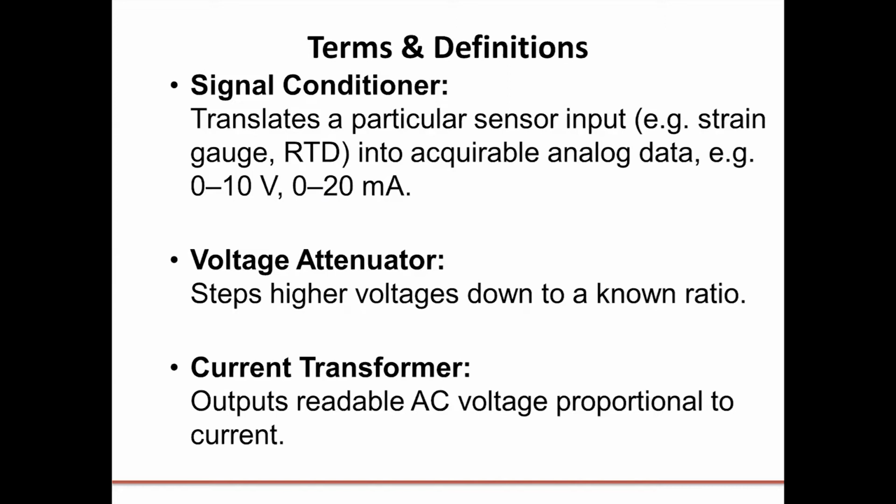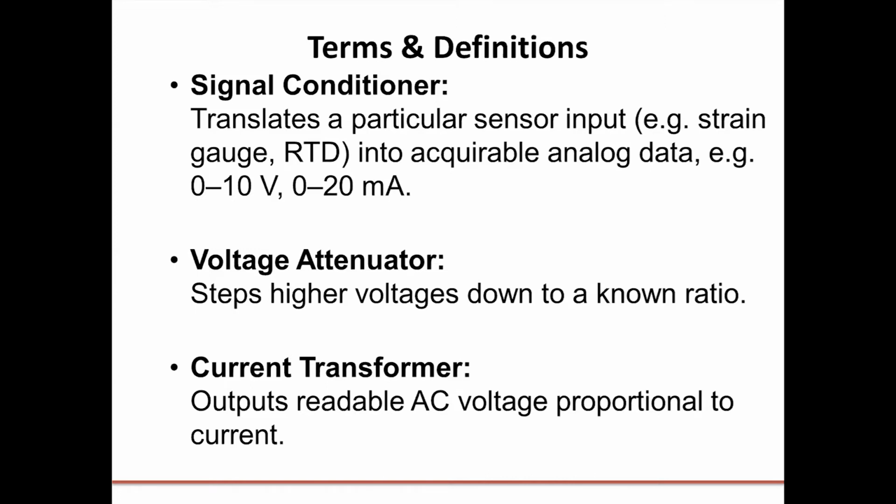This is especially useful if you're adding new sensors to an existing DAQ system, and maybe you have some input channels left over from the original design or an earlier expansion. Instead of buying and installing a new data acquisition module for your new sensors, you can translate those signals into an input that they already understand.